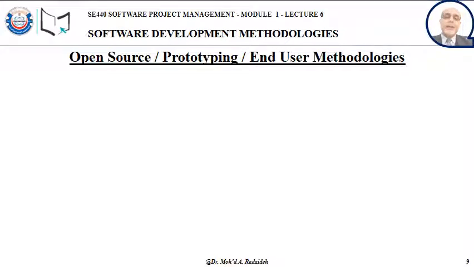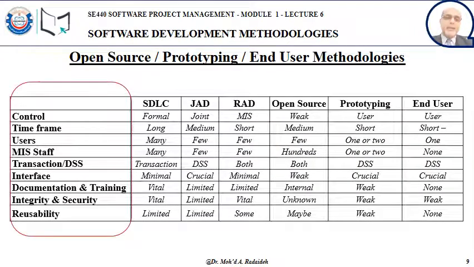Now let's compare the 3 methodologies with the open source, prototyping and end user methodologies. Now in this table, we look at the 6 methodologies, and we compare them from the perspectives of control, time frame, users, MIS staff, transactions, decision support systems, interface, documentation and training, integrity and security, and reusability.